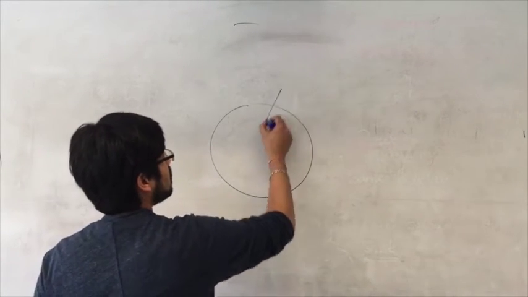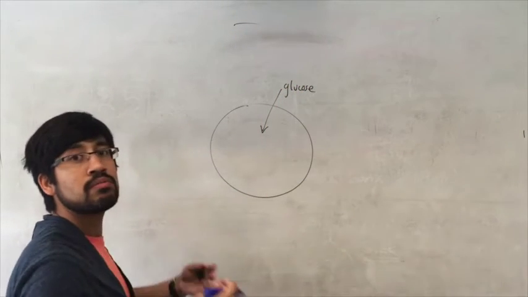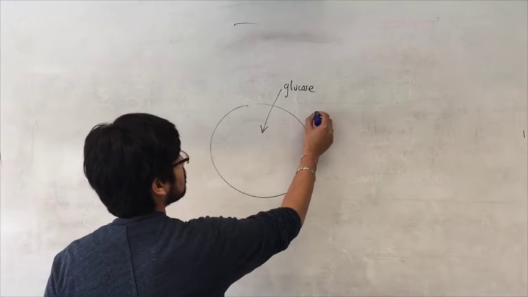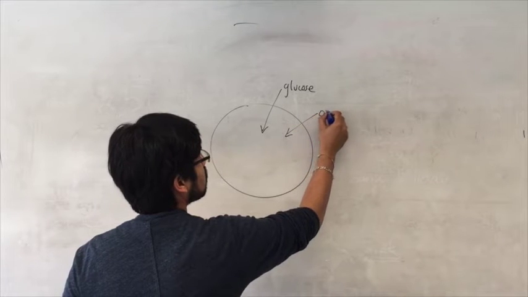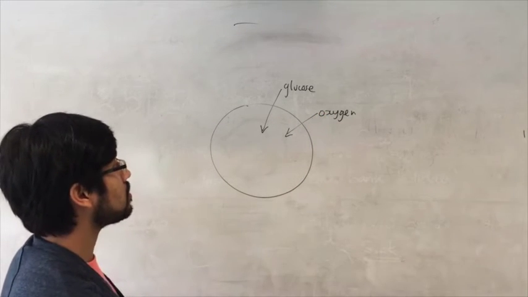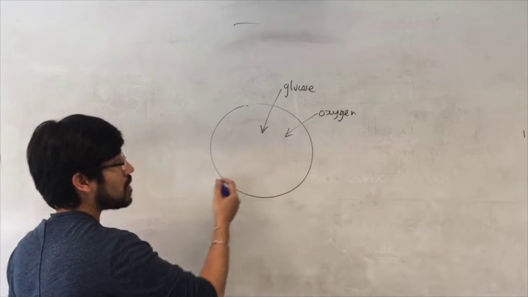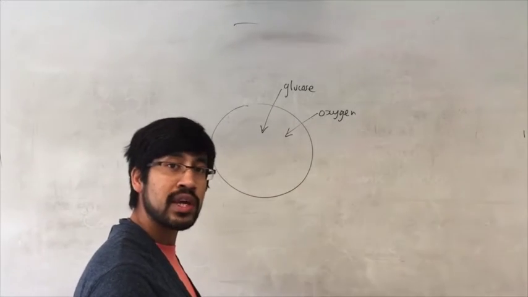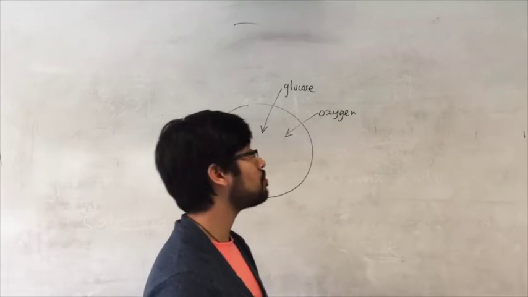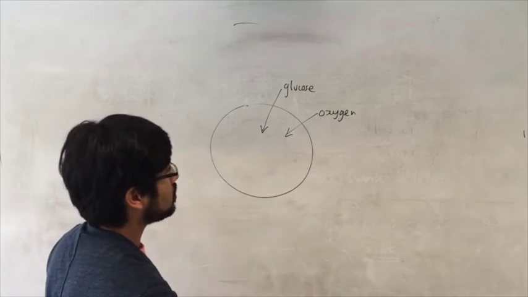For that, you need to have glucose going into the cell. You need to have things like oxygen going into the cell. To be able to carry out that process to produce ATP, and the energy stored in the ATP is used to drive other metabolic pathways. Okay? So that's one thing to think about.